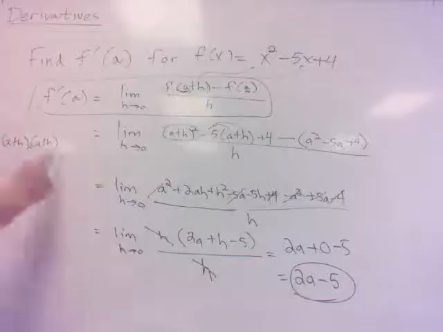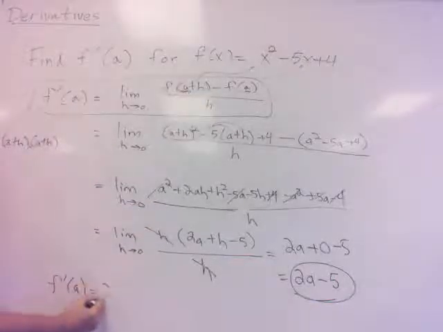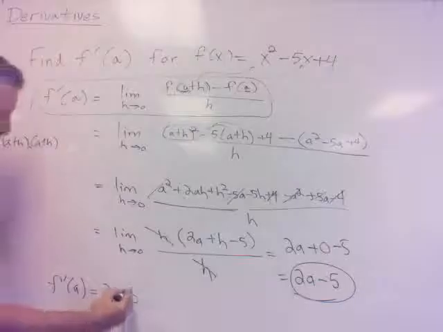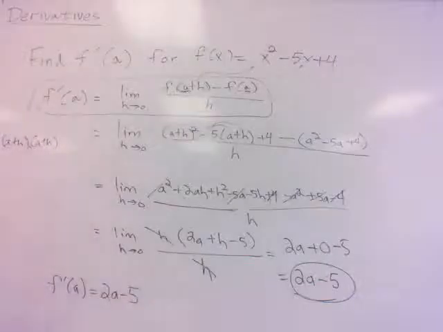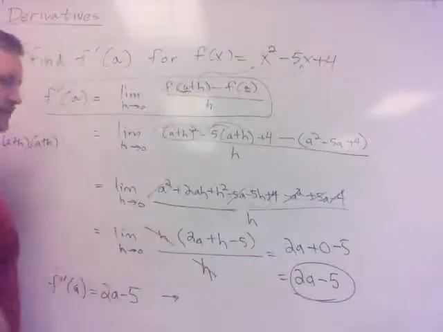What this means is the derivative, so we've got the derivative of A is 2A minus 5, whatever A is. Okay, what if I was wanting to find then, let's tack on here this problem.